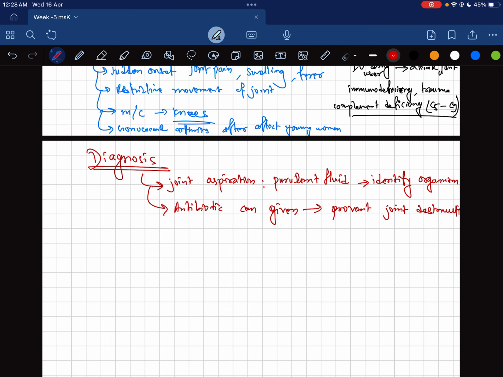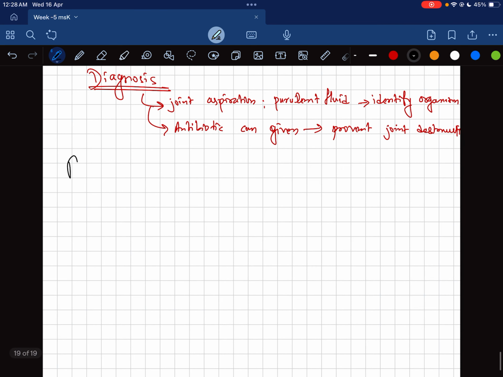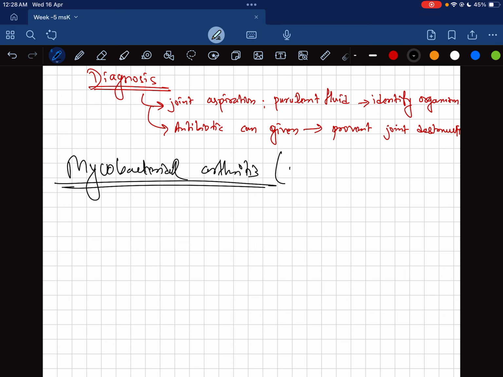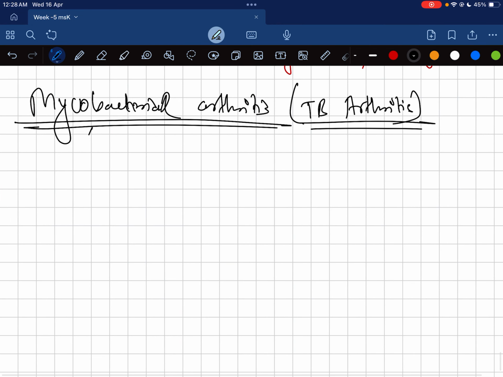Now we are moving on to mycobacterial arthritis. Mycobacterial arthritis, also known as TB arthritis, is a chronic monoarthritis caused by the tuberculosis organism.